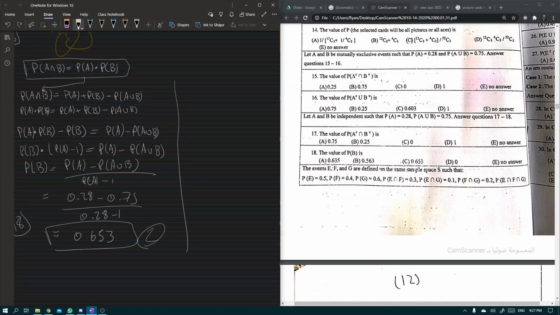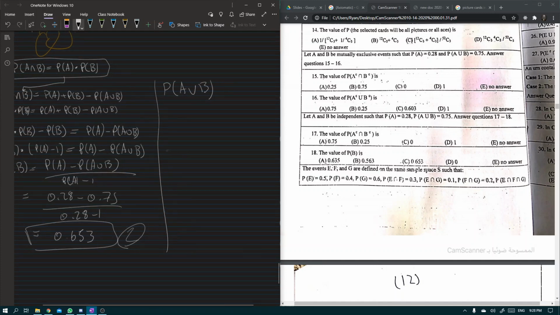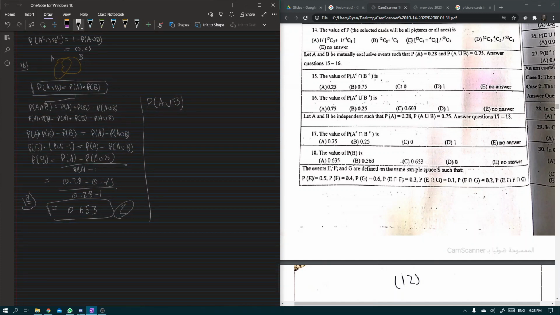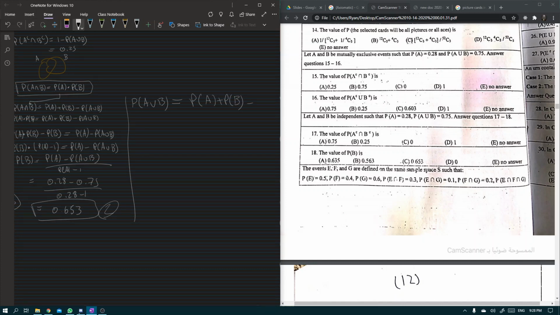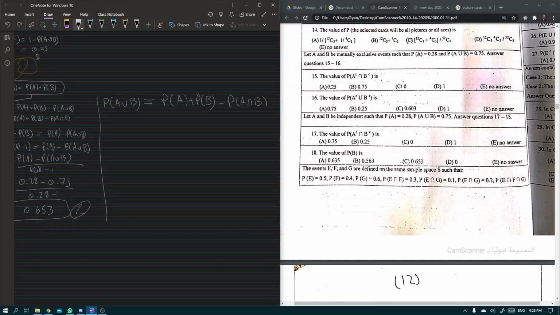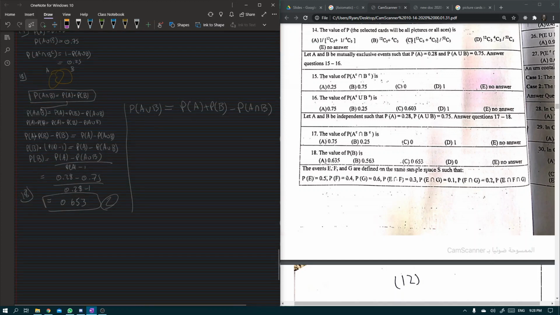So basically, what they did is the probability of A union B. Just ignore that for a minute, because to be honest, it's overcomplicated. Probability of A plus probability of B minus probability of A intersection B. And we said here it's independent, so the probability of A intersection B is equal to probability of A times probability of B. So we just replace that here.